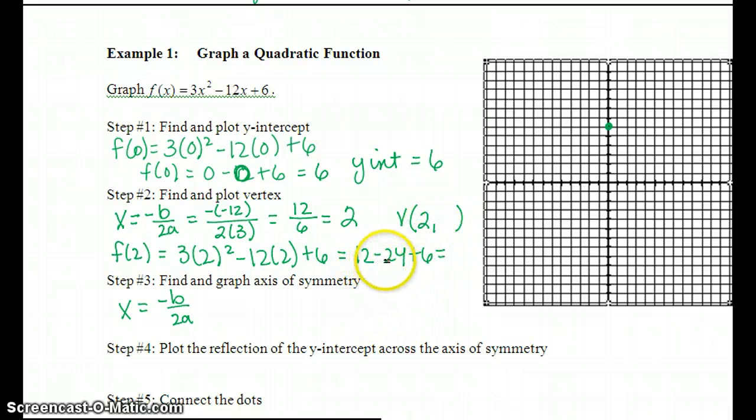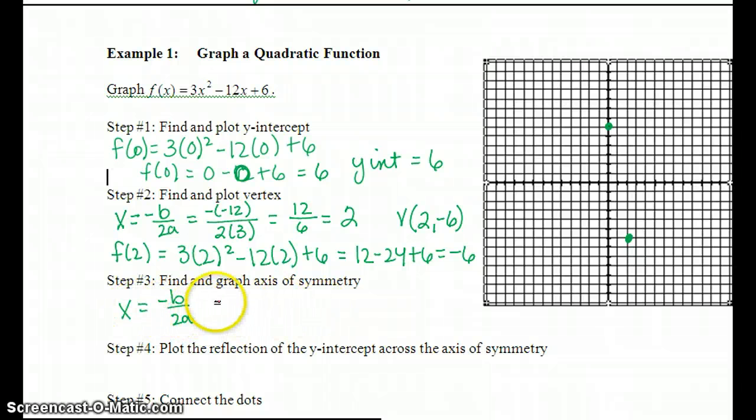And so 12 minus 24 is negative 12, plus 6 would give me negative 6. That is the y part of my vertex. So I'm going to plot that point right there. I go over to 2 and down 1, 2, 3, 4, 5, 6. So that's 2, negative 6.